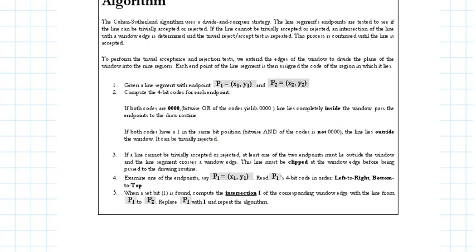Now try to understand this concept in a simple way. What you have to do is a bitwise AND of the LRBT codes. And in the next step, two conditions might arise.